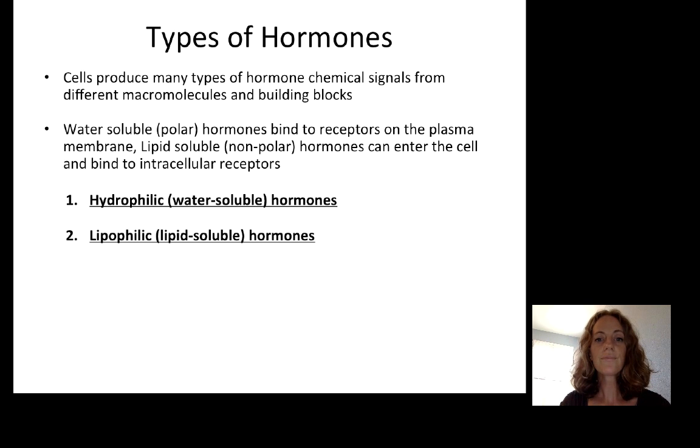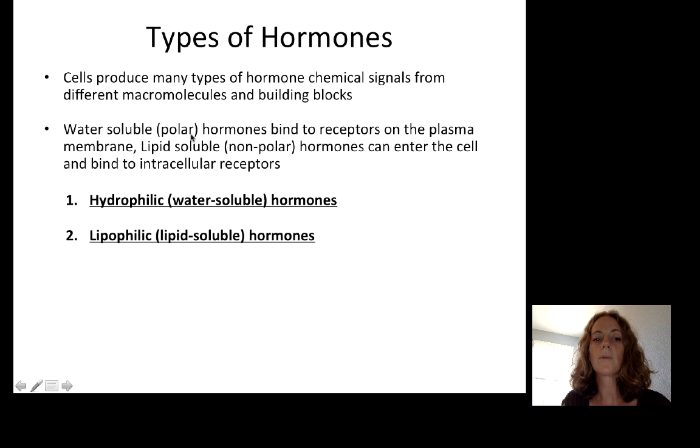So, how these chemical signals make changes in target cells really depends on what type of signals they are. Are they lipid soluble, where they can get directly into the plasma membrane, or are they water soluble, where they'll be stopped by the plasma membrane and they need a receptor? So there are hydrophilic or water-soluble type hormones, and there are lipophilic or lipid-soluble type hormones.